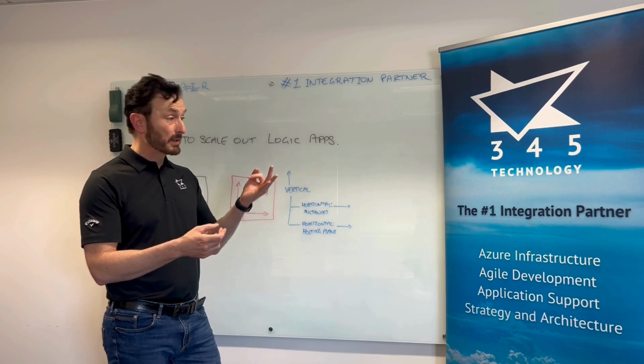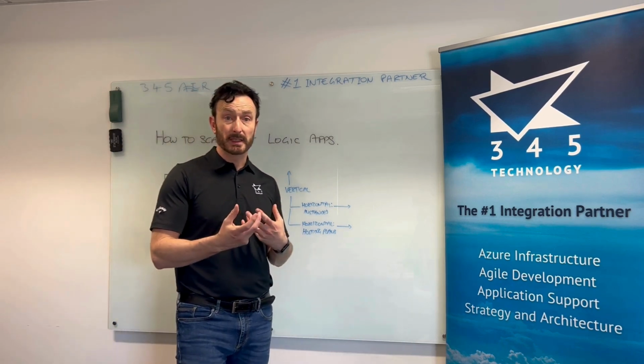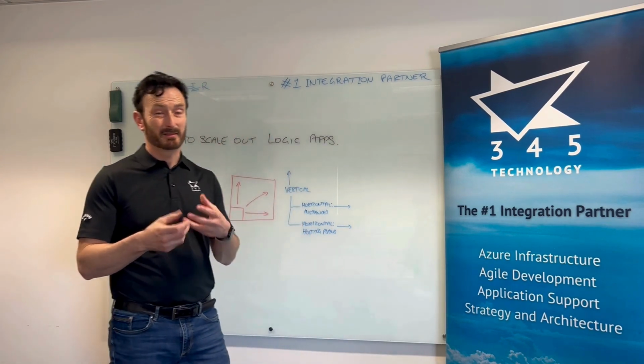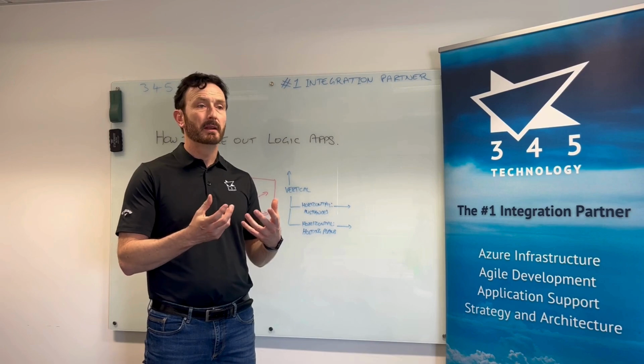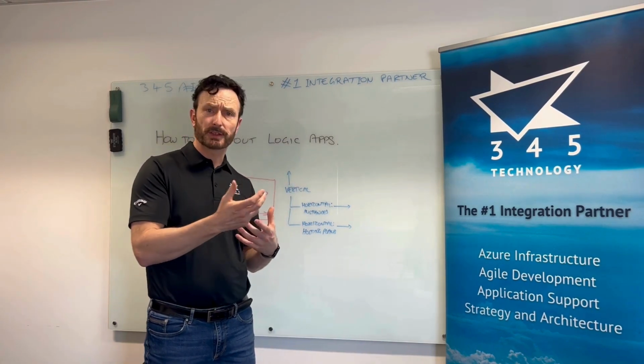So you've got 3 different hosting plans, and really that's going to be driven by a lot of memory requirements, and it's going to be driven to a certain extent by CPU as well. So we can measure the workload and see whether vertical scaling is appropriate.